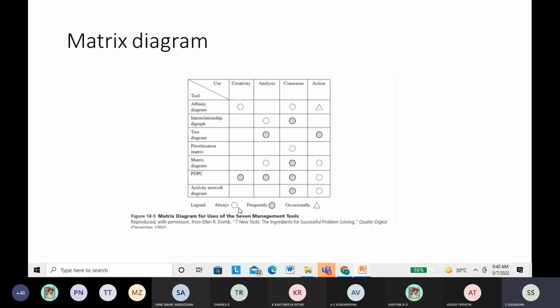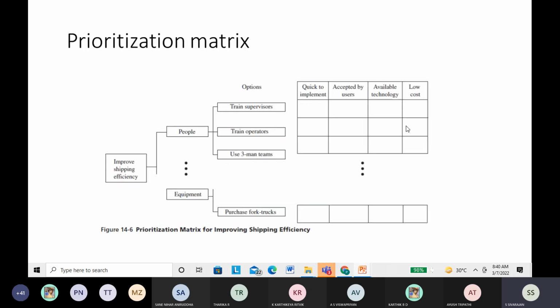Just like QFD, quality function deployment, the house of quality, the same thing we did. We are trying to draw the relationship with the criteria: whether they are always related, frequently related, or occasionally related. This way we can compare them. This is called a matrix diagram.